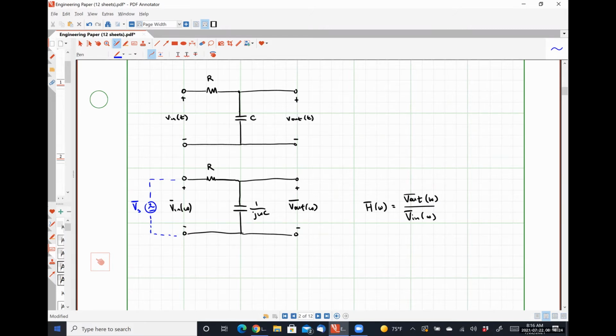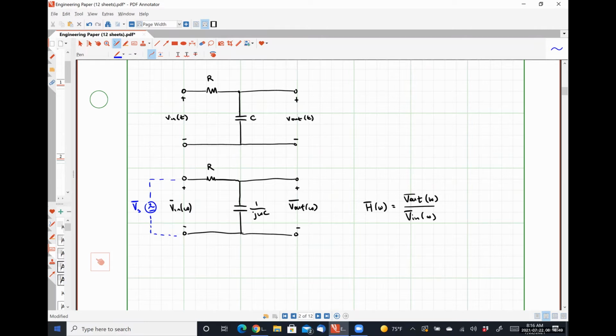A short circuit, exactly right. As omega gets larger, 1 over omega gets closer and closer to 0, so it would look like a short circuit, which means our output signal would go down to 0 volts. So this is a low pass filter because it passes very low frequencies and attenuates very high frequencies.